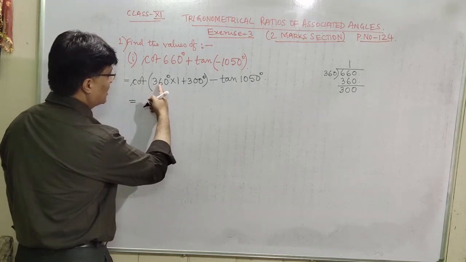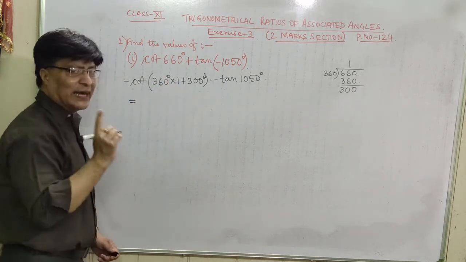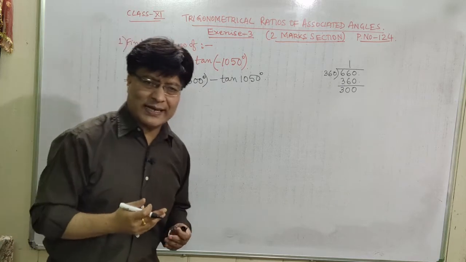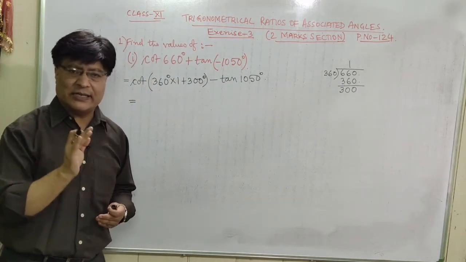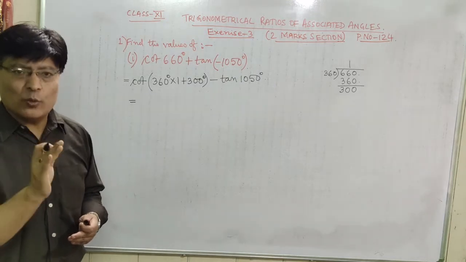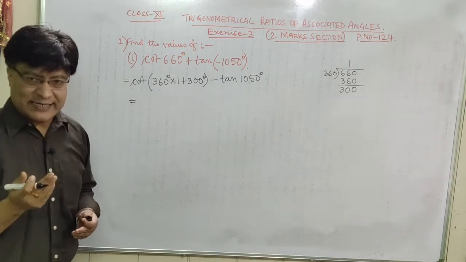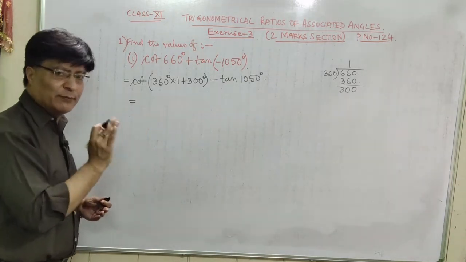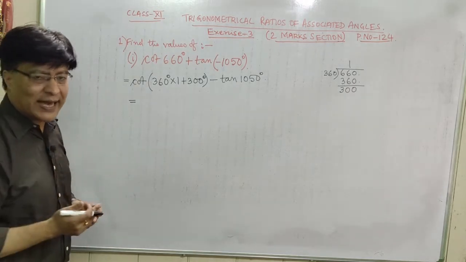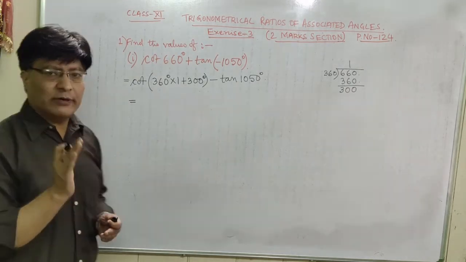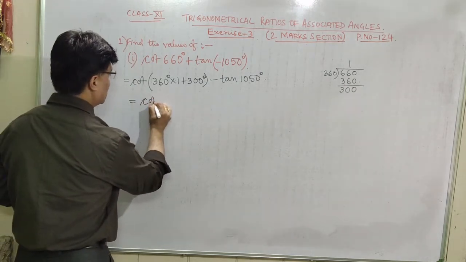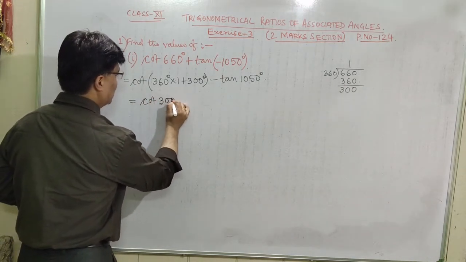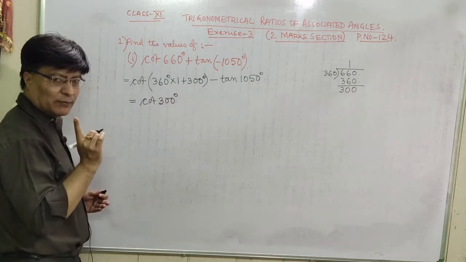And 360 degree into n is an even multiple of 90 degree, so cot remains as it is. That is, trigonometrical ratios do not change. So it is cot 300 degree.